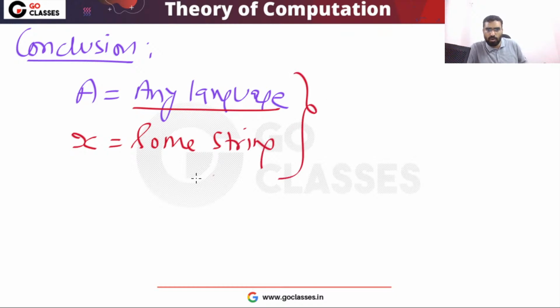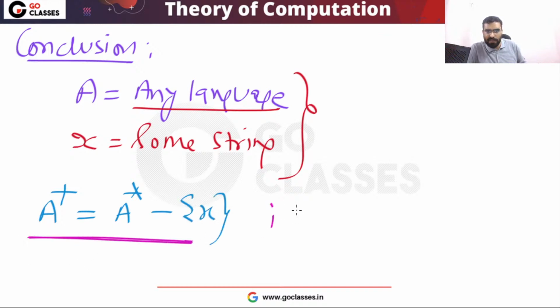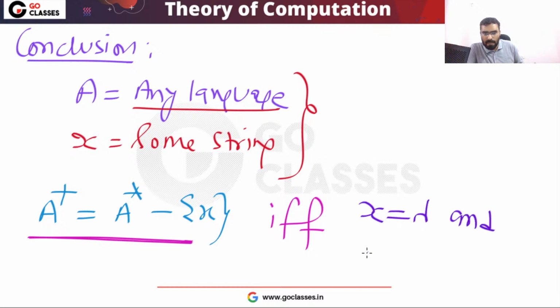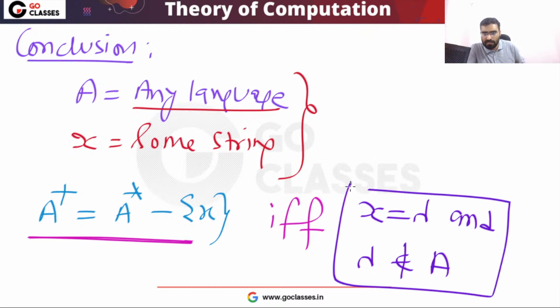Then A plus is same as A star minus X if and only if X is the empty string and the empty string does not belong to A. Is this clear? Please tell me.